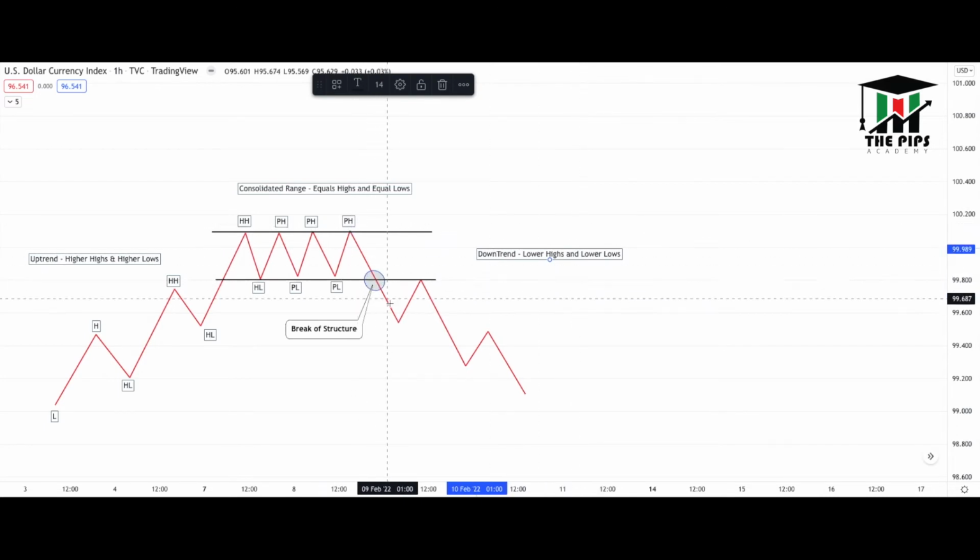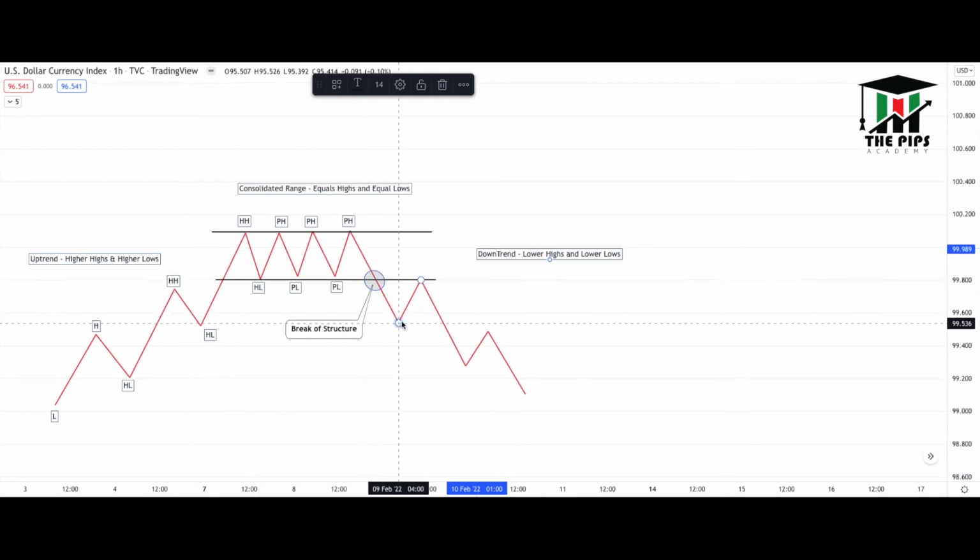So now we've gotten a break of structure and we've come back for a pullback or a retest. Each one of these legs of structure, when it pulls back to this higher low, these are considered pullbacks or retracements.